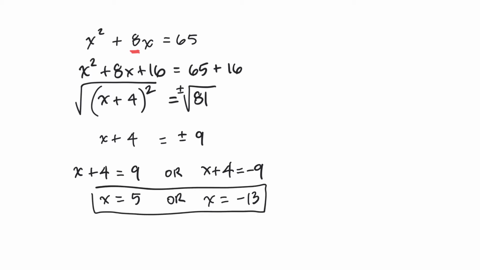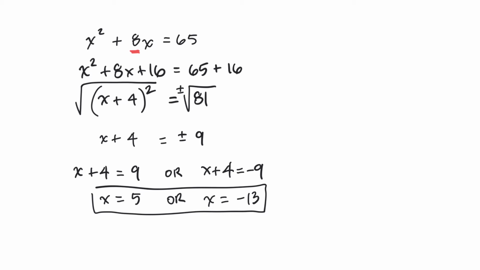Now the cool thing about solving quadratic equations by completing the square, which is the process we just did, is that it works for any quadratic equation. Like factoring, you can only do that with quadratic equations that are factorable.